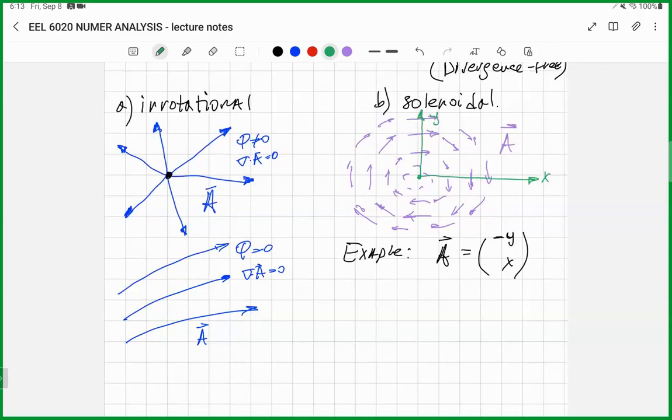And for example, at some point x, the x component of this field is minus y. So it's directed exactly like this.